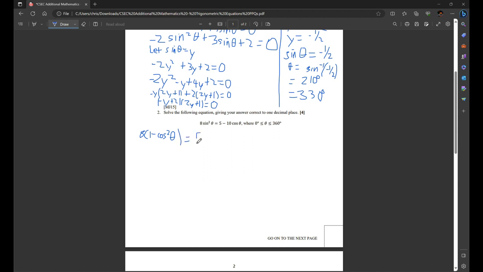That's of course equal to 5 minus 10 cos theta. So now I'm just going to rearrange the variables in the same way I did above. So negative 8 cos squared theta, and that's going to be plus 10 cos theta.